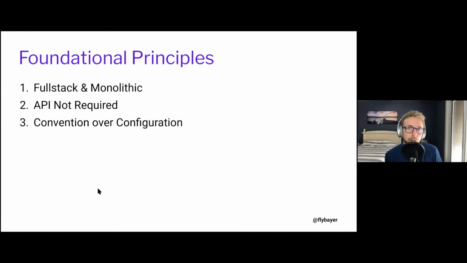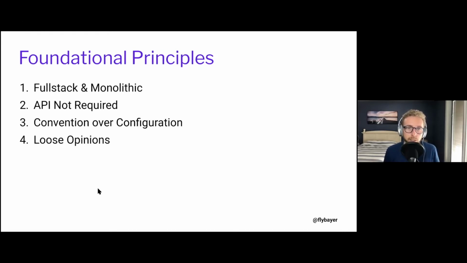Probably you've heard this term, but if not, it means that instead of requiring you to manually configure every single thing, we rely on conventions as much as possible so that if you use a convention, you don't have to do any configuration. But if you want to go outside the convention, then you can configure that. Okay, so it gives you a nice default is another way to put it.